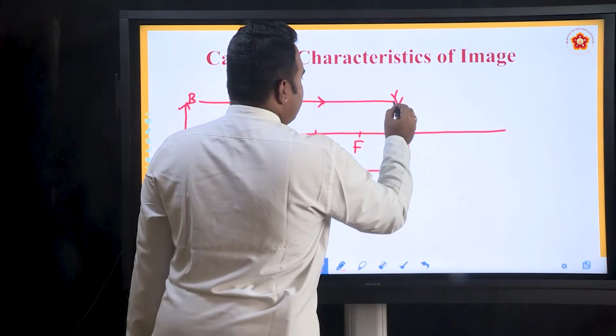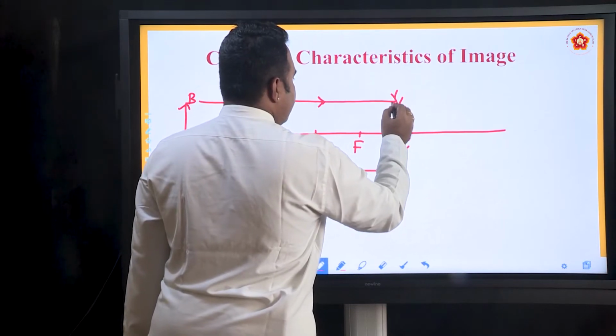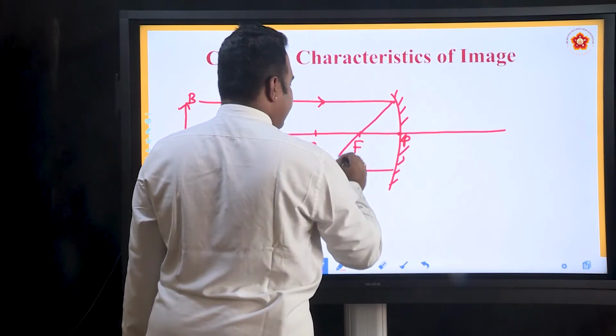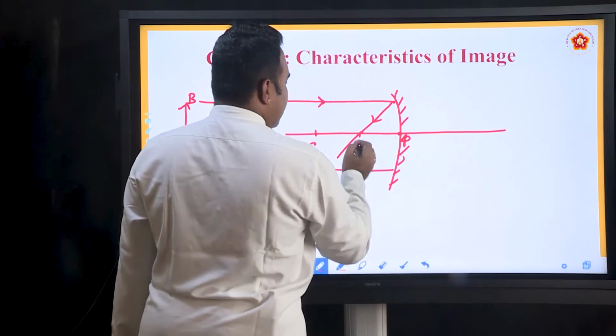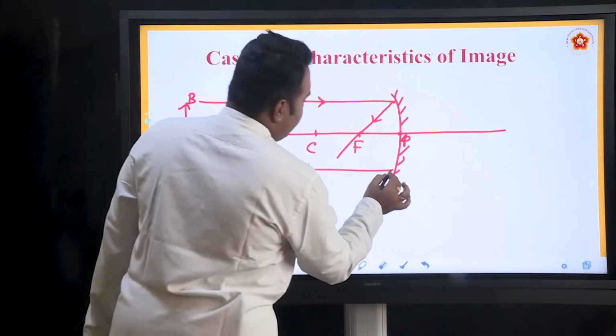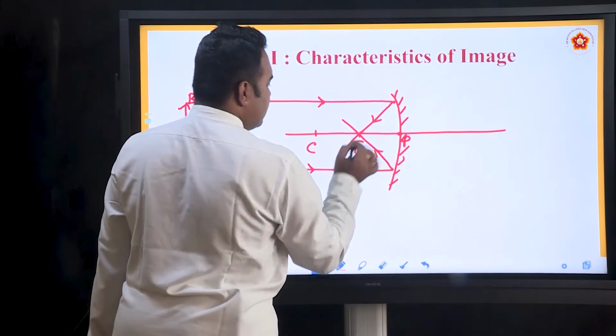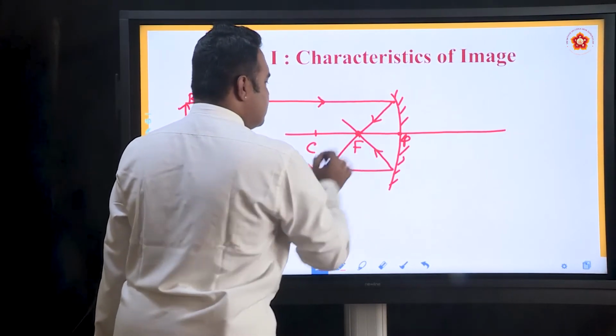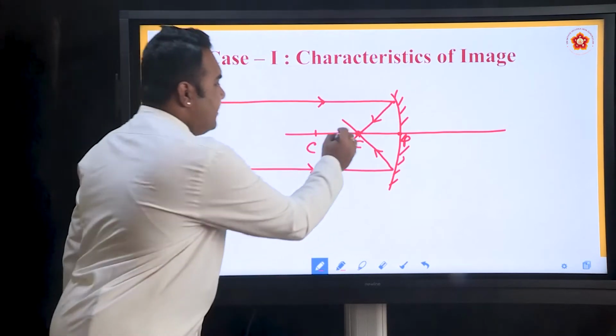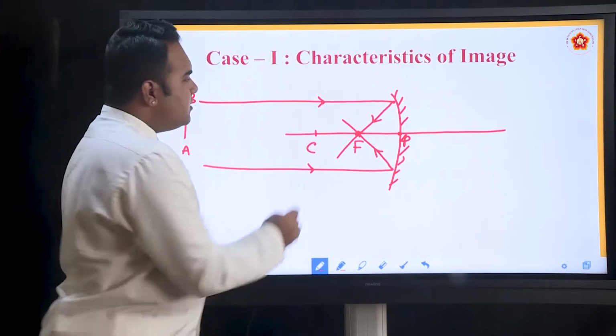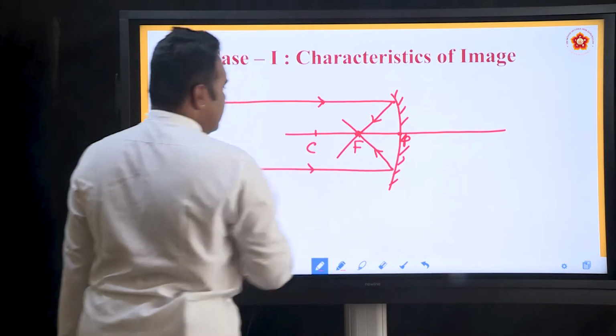From rule 1, we know that after the reflection from the mirror, this ray of light bends inwards and passes through the focus. Similarly, this ray of light bends inwards and passes through the focus. So, the image is formed at the focus because these two rays converge.